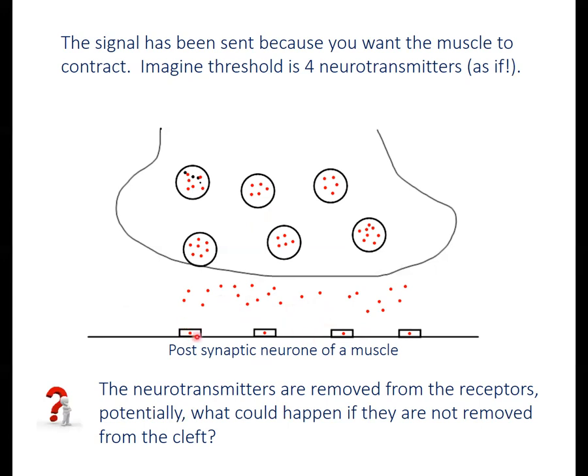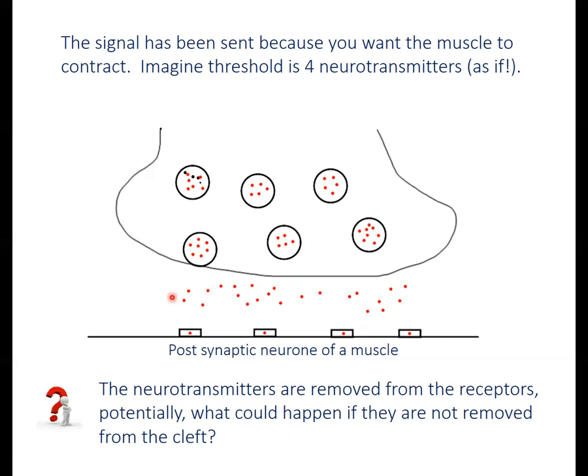But once these neurotransmitters come out of the receptor, if the cleft was still full of neurotransmitter, more neurotransmitters could join the receptors, and you could reach threshold again. So you could send another signal and cause the muscle to contract again, even though you don't want it to. You just want it to contract once, and then you want it to stop.